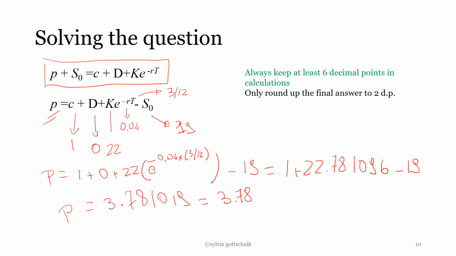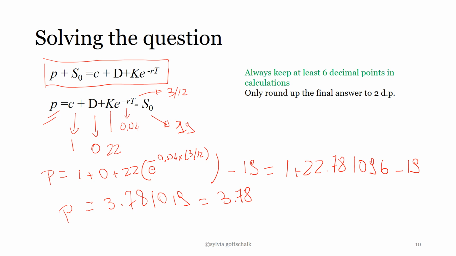Now remember, to avoid mistakes at the end, always keep at least 6 decimal points. You can see here 2, 4, 6 when you're doing the calculations. Do not round up before the end. If you have, for example, zeros after 3 decimal points, obviously you cut after 3 decimal points because 0 doesn't count. But if you have any number that is not 0, you have to keep all these numbers.